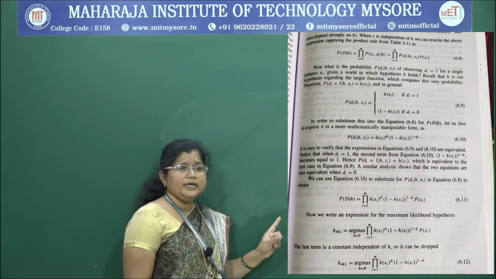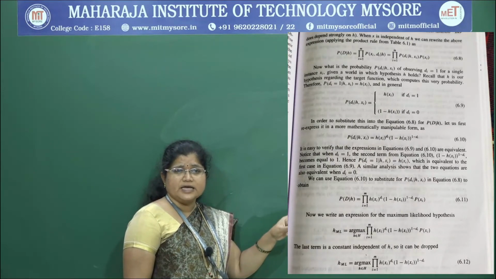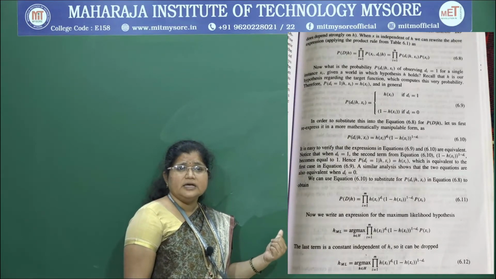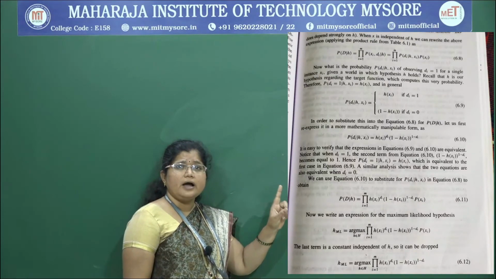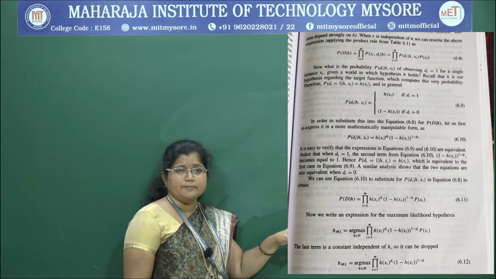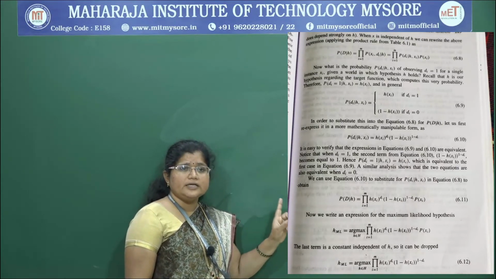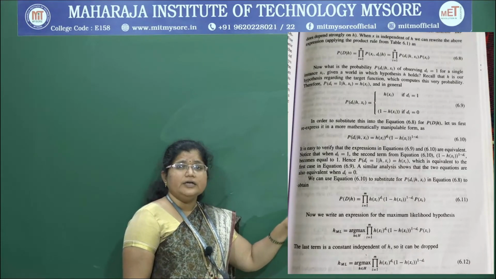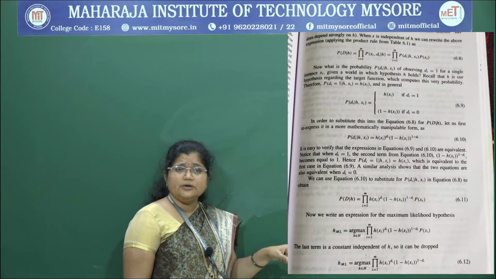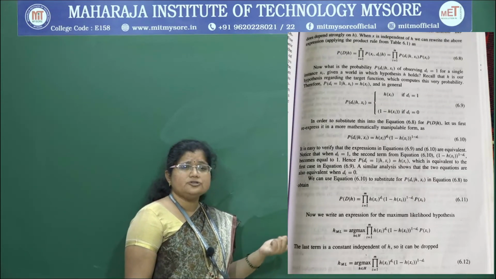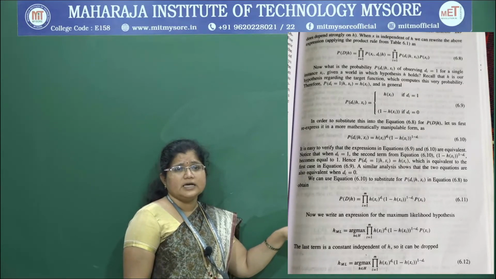The probability of di given h comma xi can be written as h of xi if di is equal to 1. If di is 0, then an error is going to be introduced, so it is 1 minus h of xi.